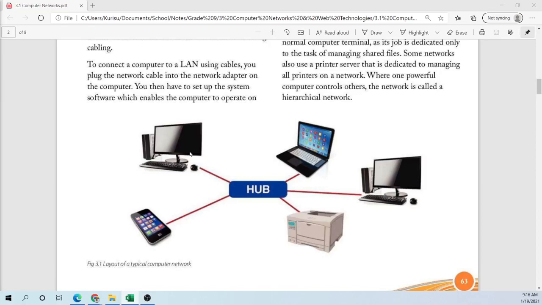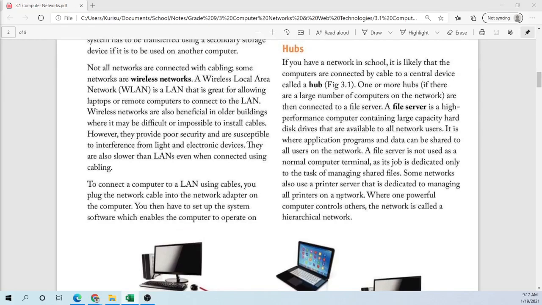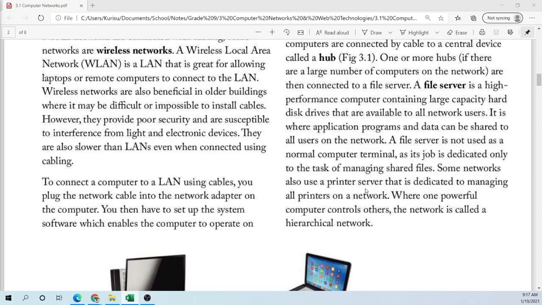But not being connected to a router or a modem does not mean they're not part of a network. Just being connected by themselves, they are a network. Just that they are not connected to that larger network of the internet.